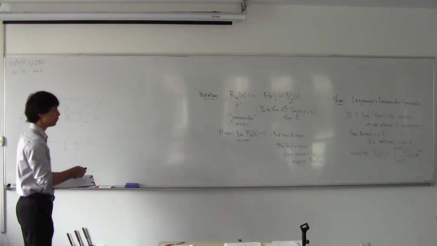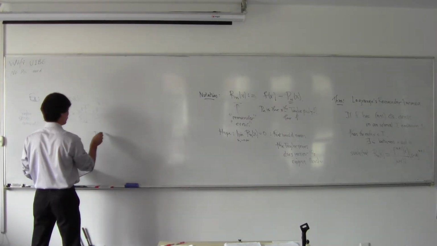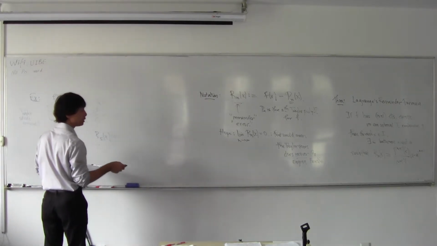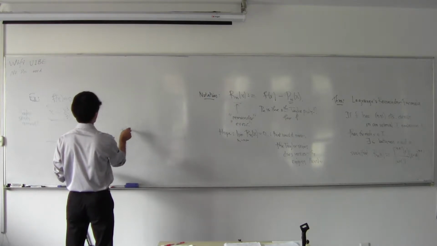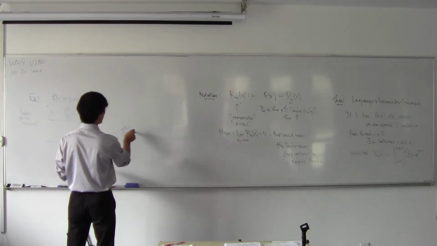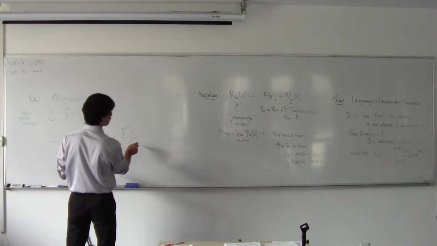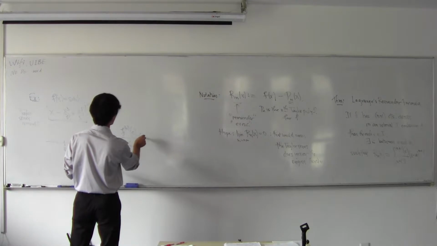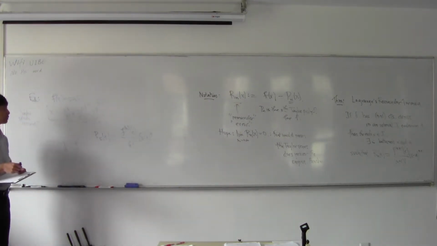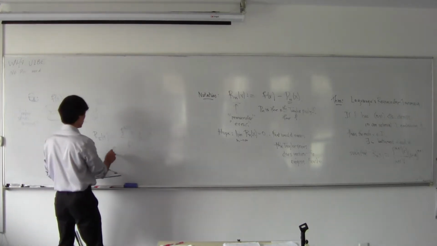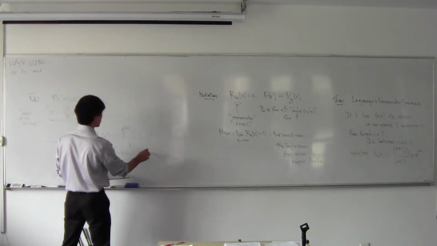Then R sub 5 has to equal the 6th derivative evaluated at some point c over 6 factorial times x minus 0 to the n, for some c between 0 and x.